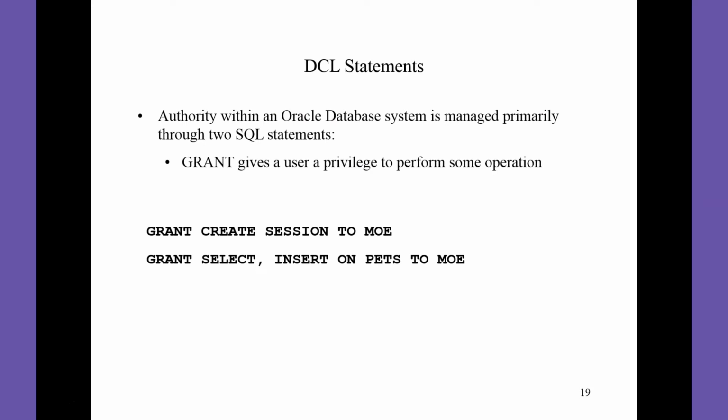I can allow Mo to access my pets table. I can give him the ability to select and insert. That would mean he can retrieve rows from the table. He could also add new rows to the table. Remember, other operations that we talked about would be updating rows in a table, or perhaps deleting or removing a row from the table. I've not given Mo those permissions or privileges.